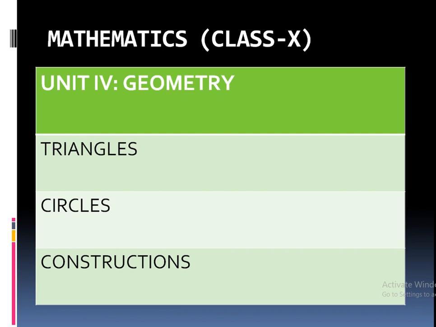Now in circles, you will learn about tangent to a circle, point of contact, length of the tangent. Next, construction. In this chapter, you have to construct division of a line segment in a given ratio internally.